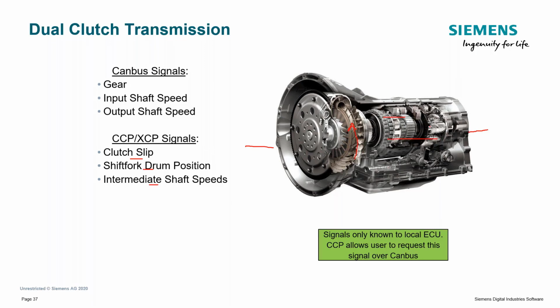There's a whole bunch of shafts in here, or different gear ratios and things. It doesn't need to know the intermediate shaft speeds. It only needs to know what's coming in and out, the shift fork drum position, a lot of other things. Yet, if you're developing a transmission, you might want to know all those things and be able to record them along with your analog signals, especially if you have a car that's maybe lurching or doing some erratic stuff.